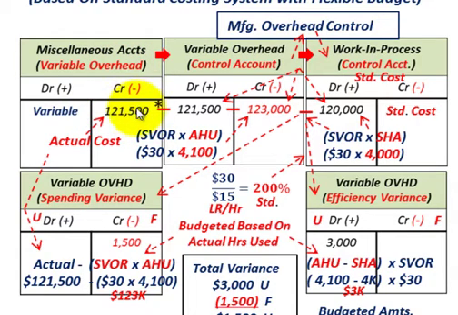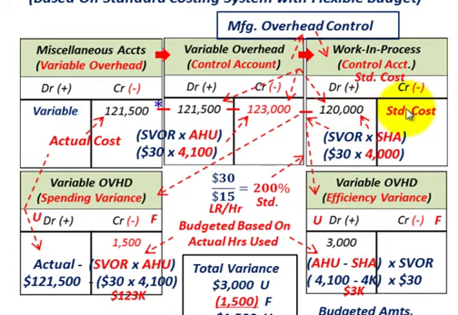Now this actual cost is going to flow into a manufacturing overhead control account, but I'm just showing it here as variable overhead for our understanding of the problem, coming in at $121,500, but it's going to flow into our work in process at the standard cost of $120,000.